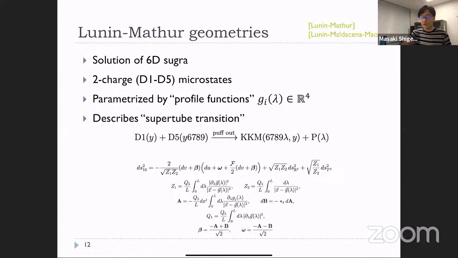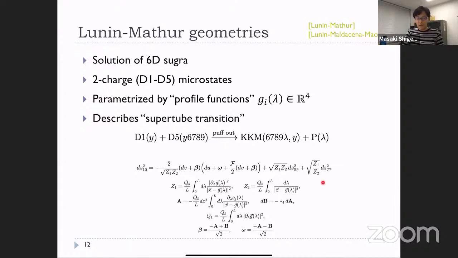This is describing a curve in R4, and this curve is describing the supertube transition of this D1 and D5. So you're binding D1 and D5, and they are going to undergo supertube transition and puff out into some KK monopole, which is along some curve lambda. And you also have some momentum charge along it. But anyway, that's what these Lunin-Mathur geometries are.